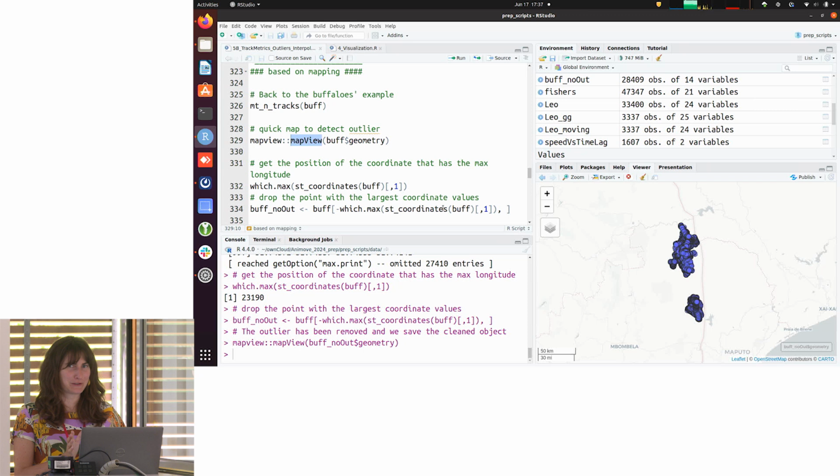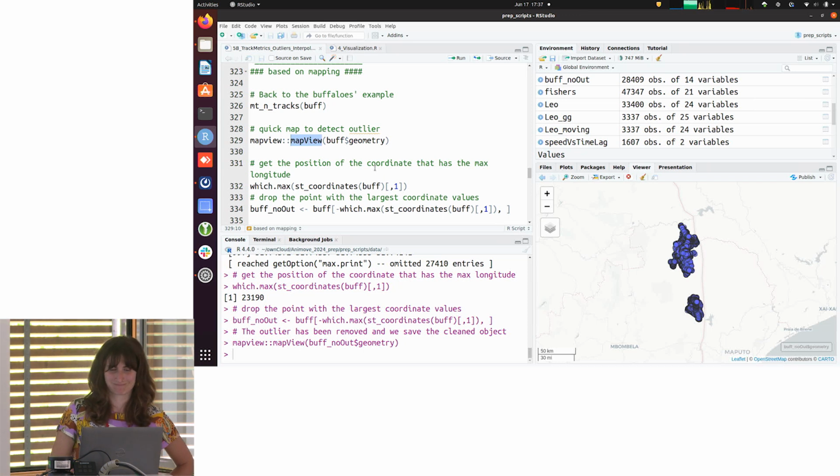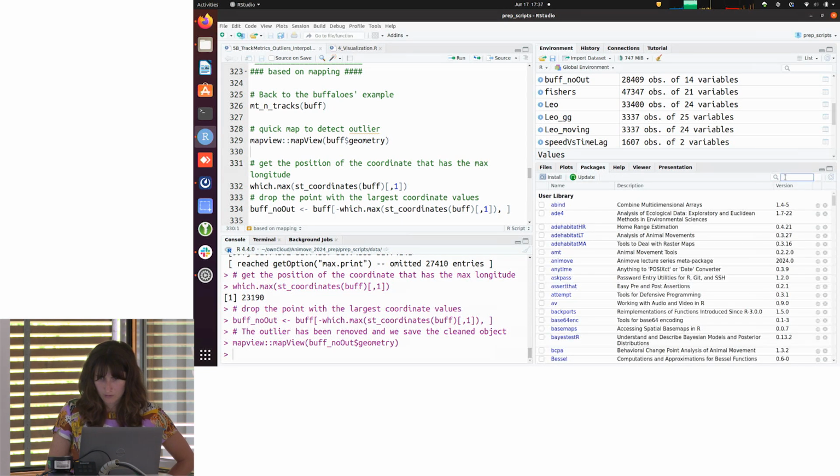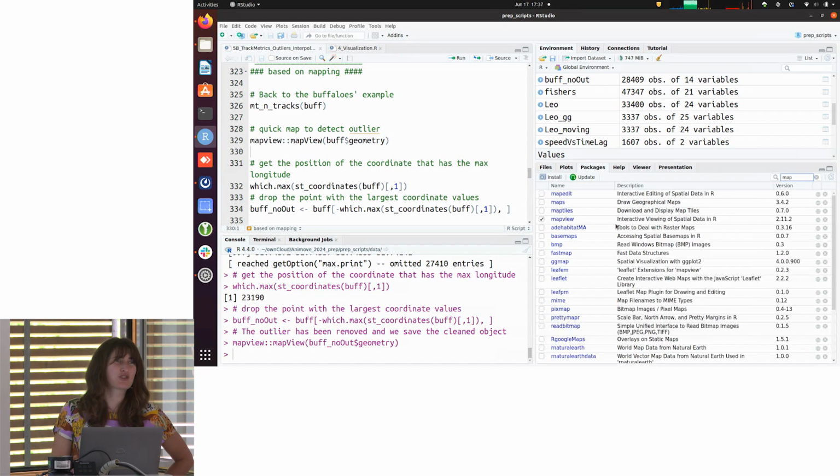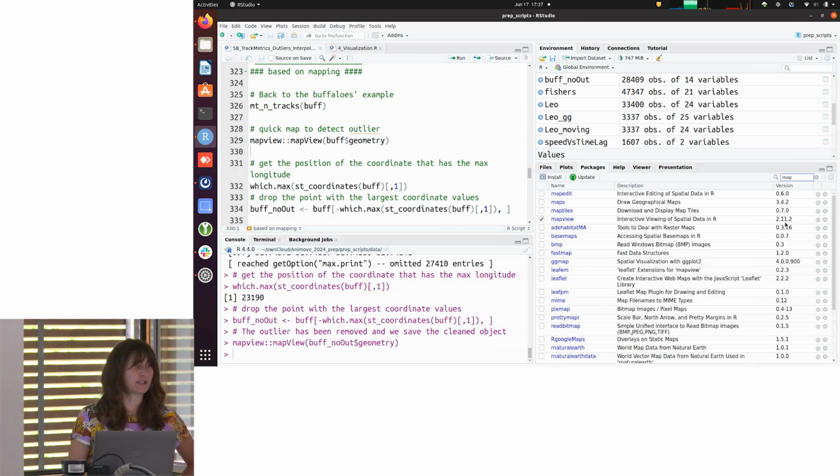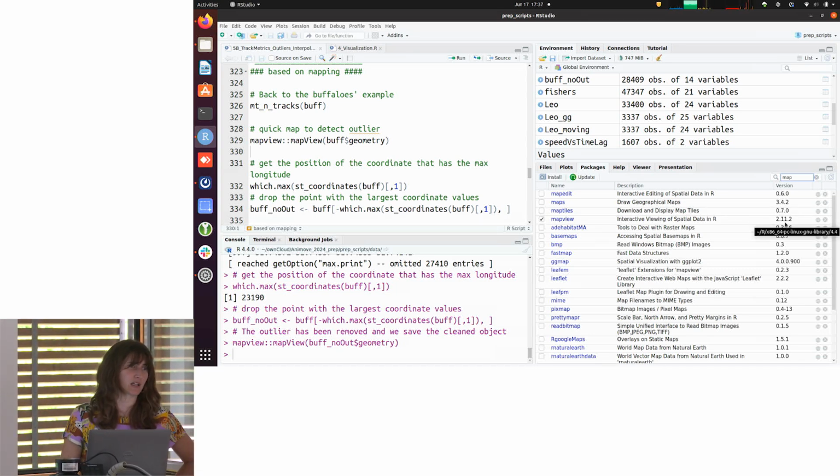We'll make sure we solve this because it's very useful to use map view, but for this example it was just a quick one. Who knows? The version is 2.11.2, but it should be the same for all of you because you should have loaded it when installing the AniMove package.